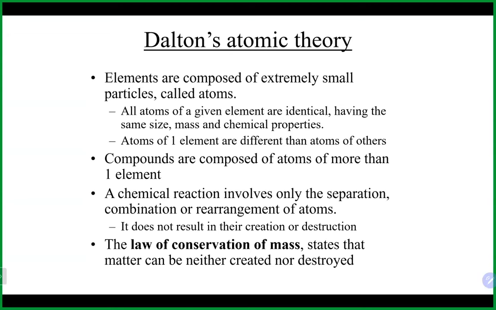What we start with and what we end with is the same element. So if we started with 6 carbons on the left-hand side of the arrow, we should end with 6 carbons on the right-hand side of the arrow. They may be in different compounds, but since each of the 6 carbons has a mass of 12 grams, they would have the same mass on the other side. So we have that conservation of the elements and also the mass.